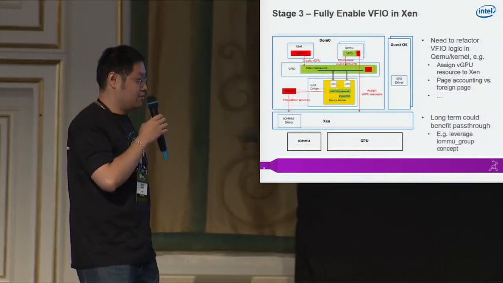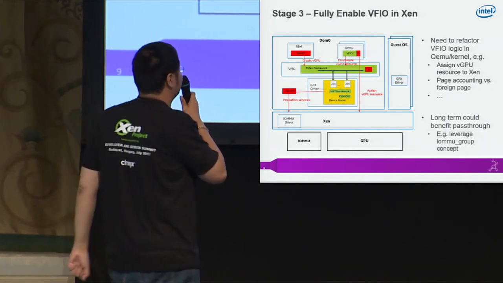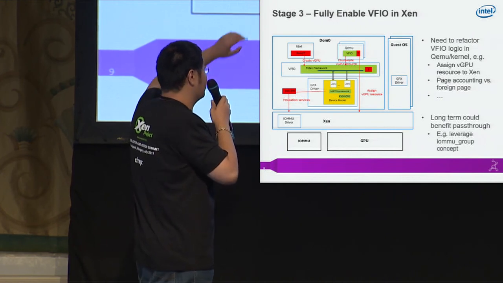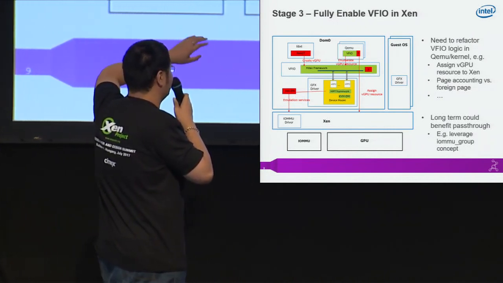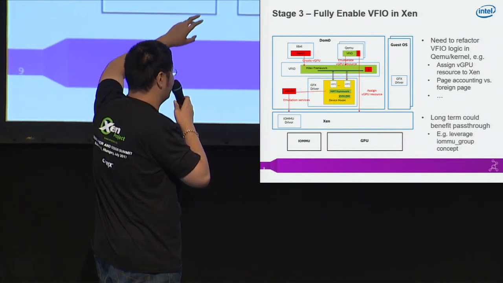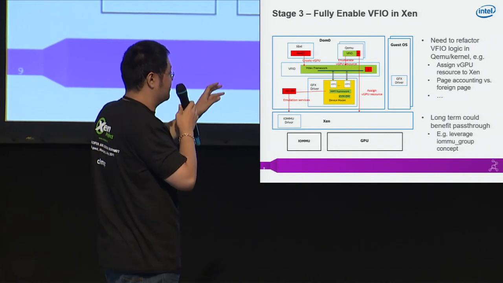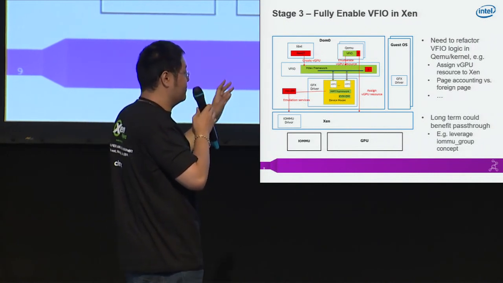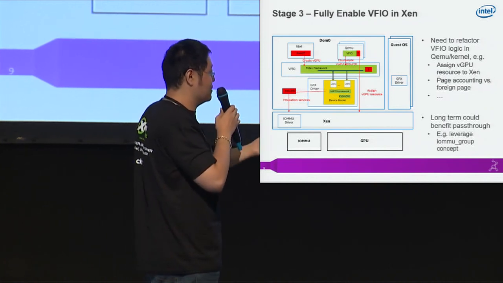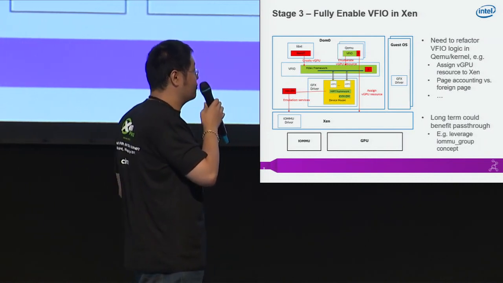This is stage 3. As you can see, we have to refactor code in QEMU. We have to let the VFIO logic in QEMU talk with Xen. Also, because VFIO was developed based on KVM before, it has some assumptions, like it will assume that all the guest memory comes from user space memory. But in Xen, all the memory comes from foreign pages.